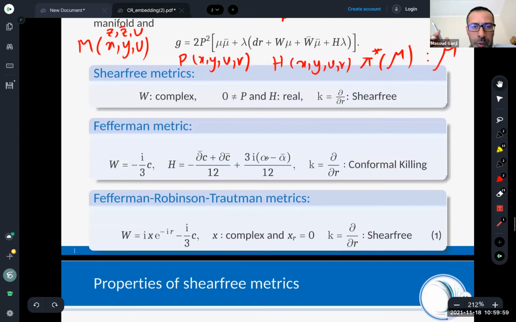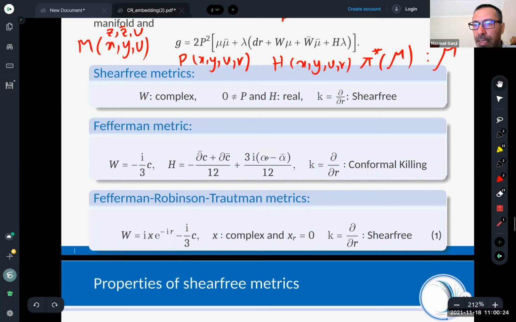We have two nice examples. The Fefferman metric, which is so important in CR geometry and complex analysis, and this is what we have introduced in our paper. For Fefferman, we can talk a lot actually. So it is a determined function. So W is determined.